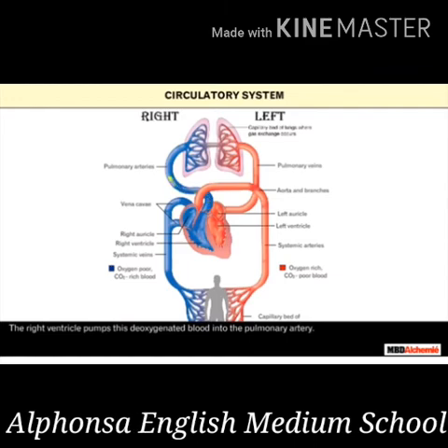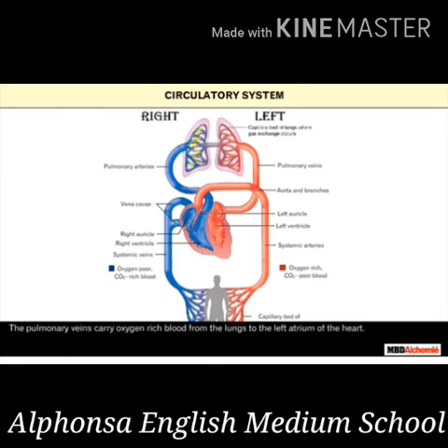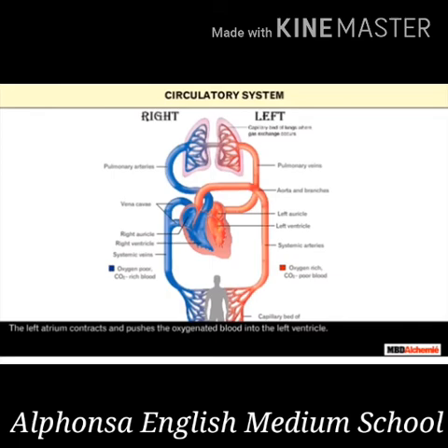The pulmonary artery carries this blood to the lungs where it gets oxygenated. The pulmonary vein carries oxygen-rich blood from the lungs to the left atrium of the heart. The left atrium contracts and pushes the oxygenated blood into the left ventricle. The left ventricle contracts and pumps the oxygenated blood into the main artery, that is called aorta.